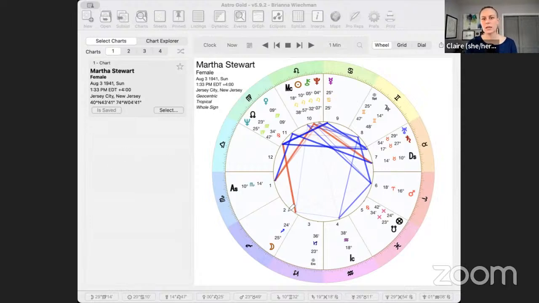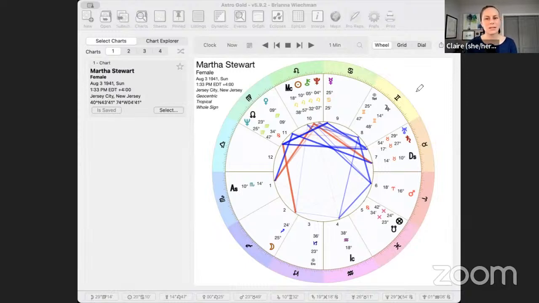I assume the same is true for any other planet you find that is not in any kind of sign-based aspect. So yeah, I guess that's what I have to say about that. If it's degree-based, it's harder. Personally, I see sign-based stuff be so important. It's not that I'm not using degrees, I totally am.